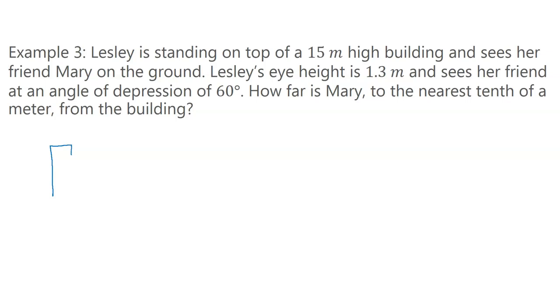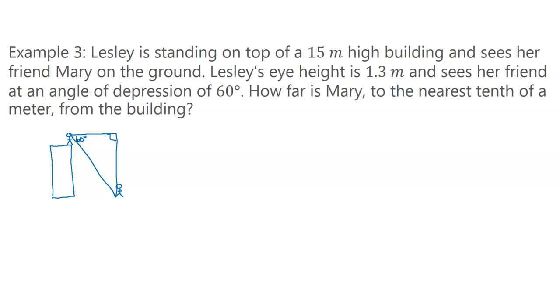So let's just say that this is the building that Leslie is standing on. And then her friend Mary is down here on the ground. Now for the angle of depression from her eyes, we'll draw a horizontal line, and a line straight down to Mary. That angle of depression is 60 degrees.